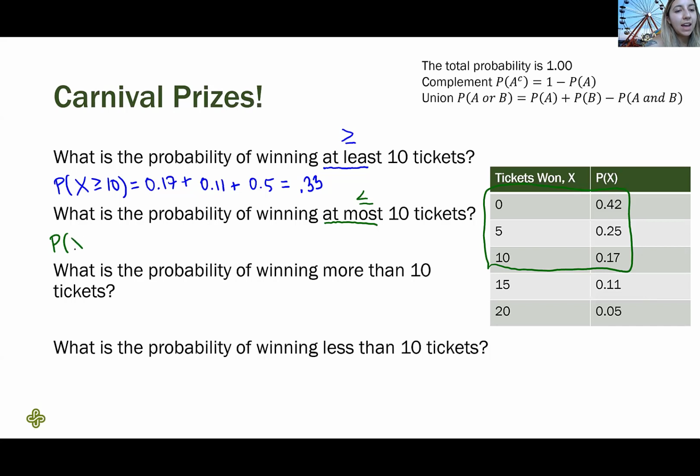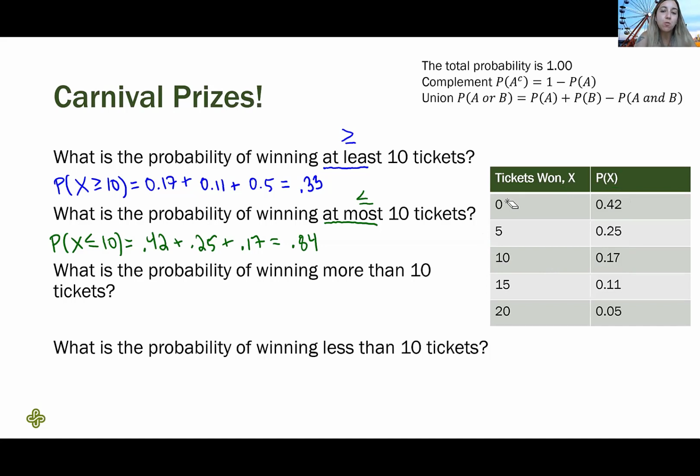So the probability X is at most 10 would be the probability of 0 plus the probability of 5 plus the most you can get is 10, so that has the probability of getting 10 tickets. Add them all up, and 0.84. There is an 84% chance you'll get at most 10 tickets.